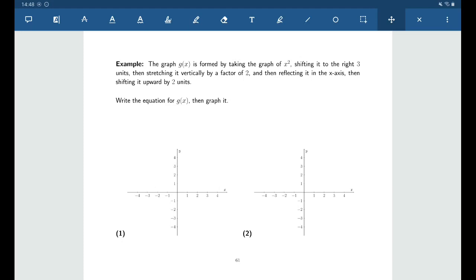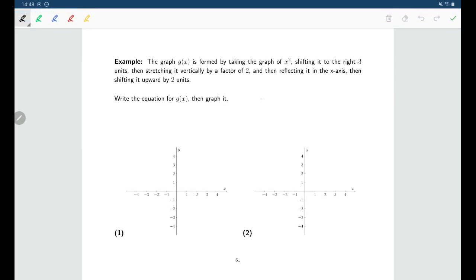So to start with, if I'm thinking about g of x, it's the squaring function. But the first thing that we say is that we're going to take our function and shift it to the right by 3. And we know that what that means is that we're going to be then having, instead of x being squared, it should be x minus 3 being squared.